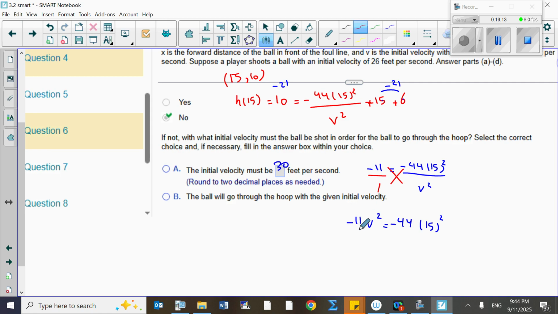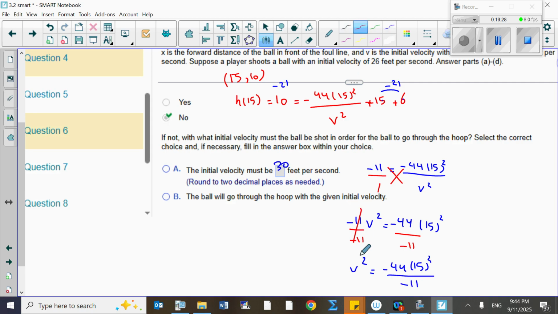Now, in order to find v squared, you divide both sides by negative 11, and v squared will be negative 44 times 15 squared divided by negative 11.